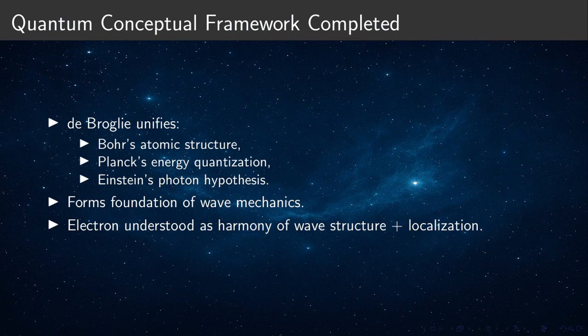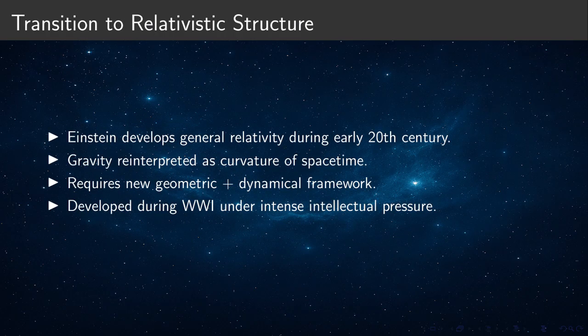This synthesis forms the foundation of wave mechanics and the later formal development of quantum theory by Schrödinger and Heisenberg. Within this framework, the electron is understood as a quantum entity defined by the harmony between wave structure and particle-like localization, rather than as either independently.